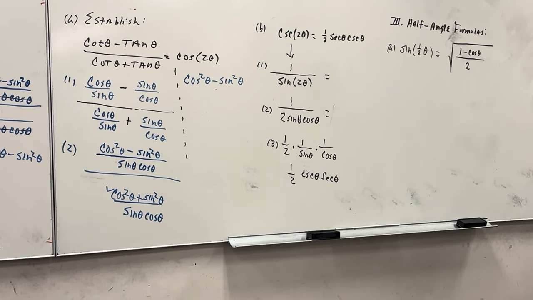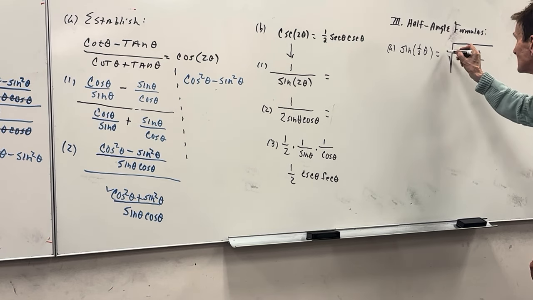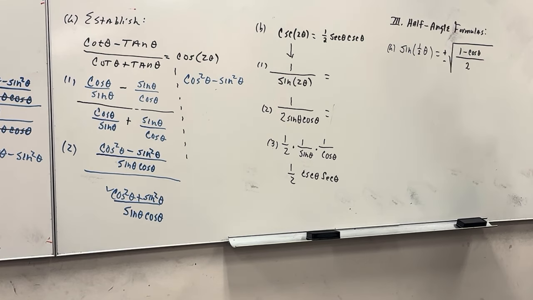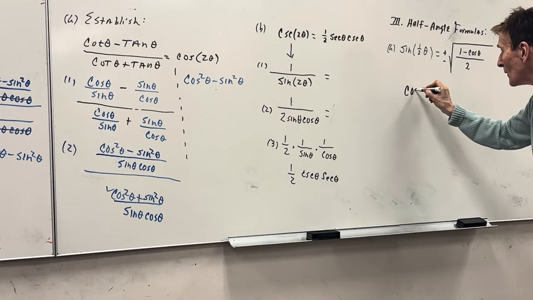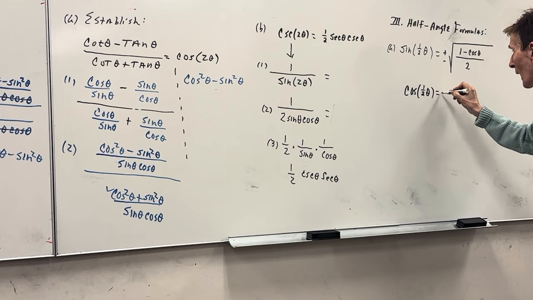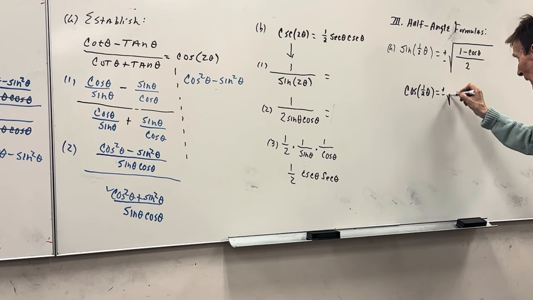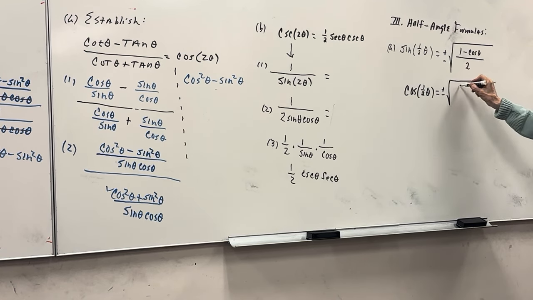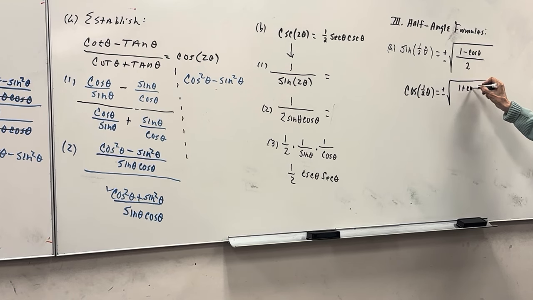No. I'm gonna put a plus minus, just play it safe. Did I also give another? Yes, you did. Cosine 1/2 theta equals, didn't put plus minus, but I'm gonna say plus minus, absolutely, the square root of 1 plus cosine theta over 2.